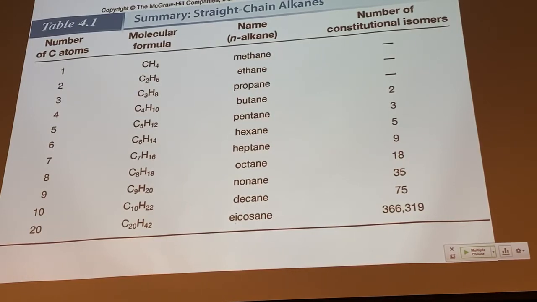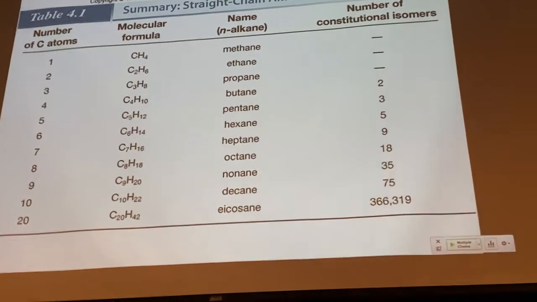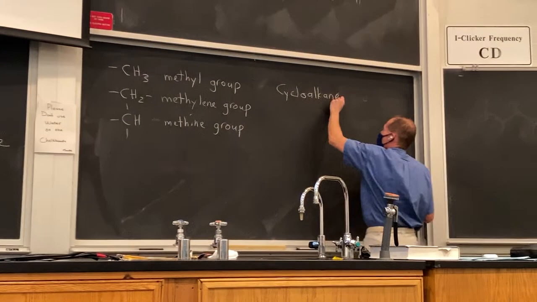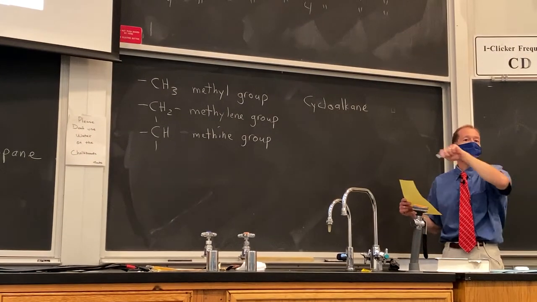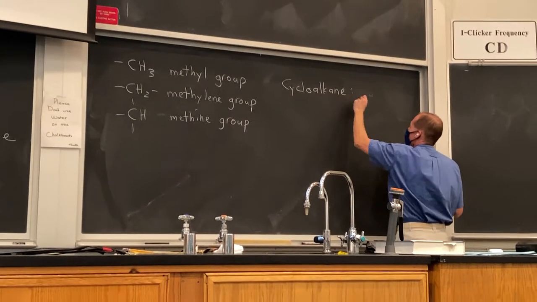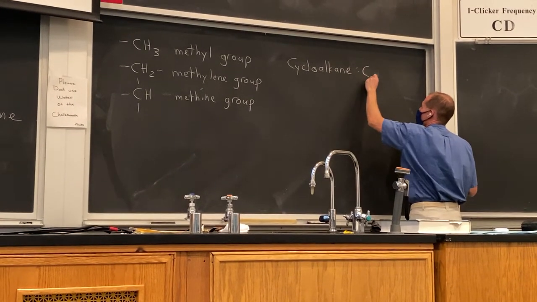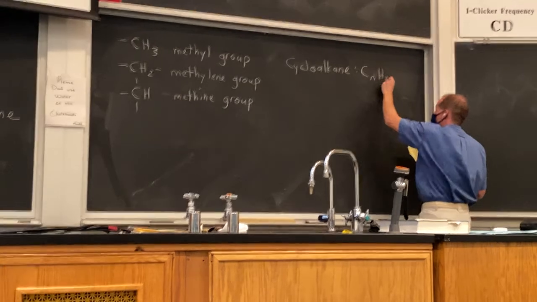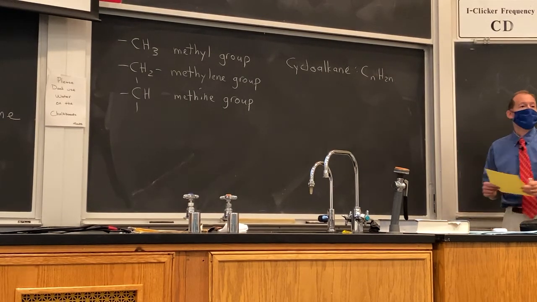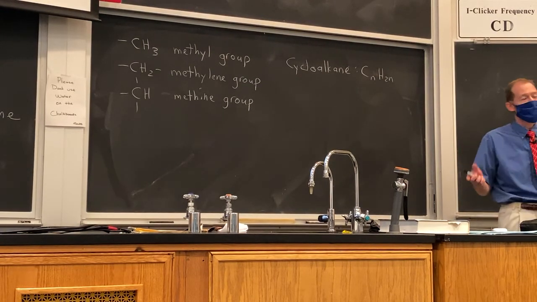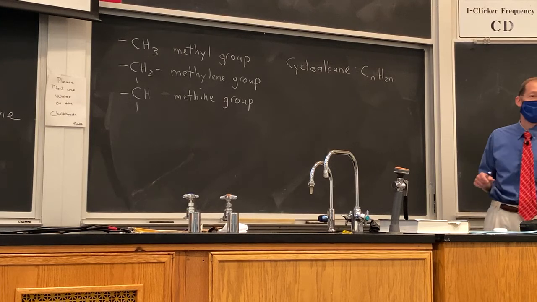So, questions on alkanes. We'll talk a little more on naming alkanes, but let's talk about cycloalkanes for a moment. So a cycloalkane will have a ring as opposed to a straight chain. And it has a different formula. A cycloalkane will just have twice as many hydrogens as it does carbons.